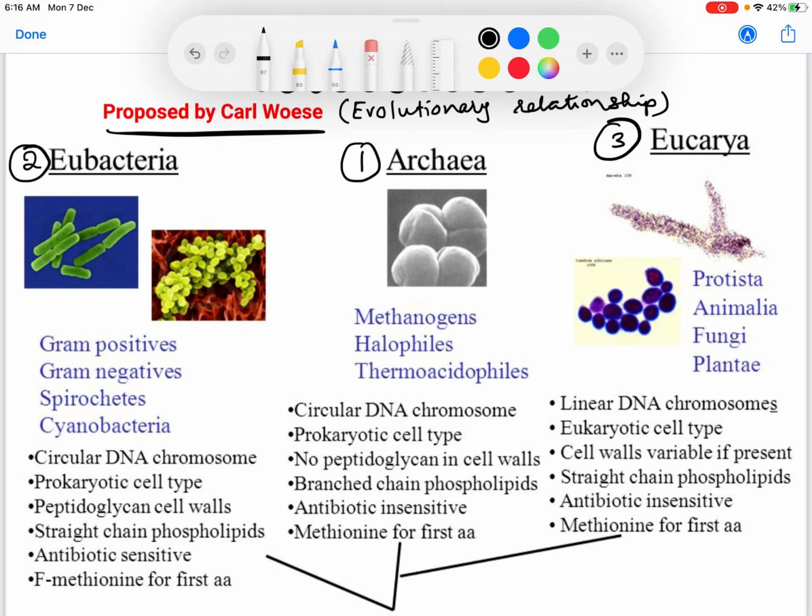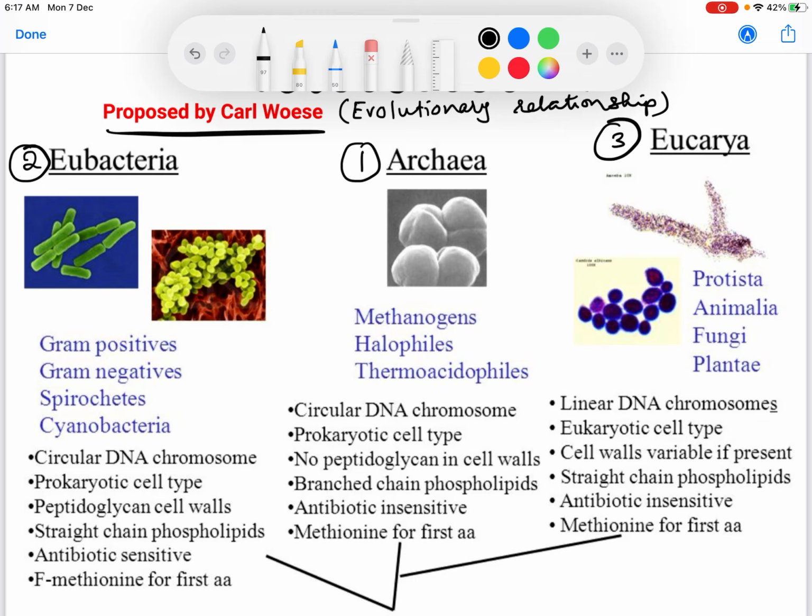In harsh conditions, the first ever monerans started to evolve. So if they adapted to these harsh conditions, they are different from modern monerans.